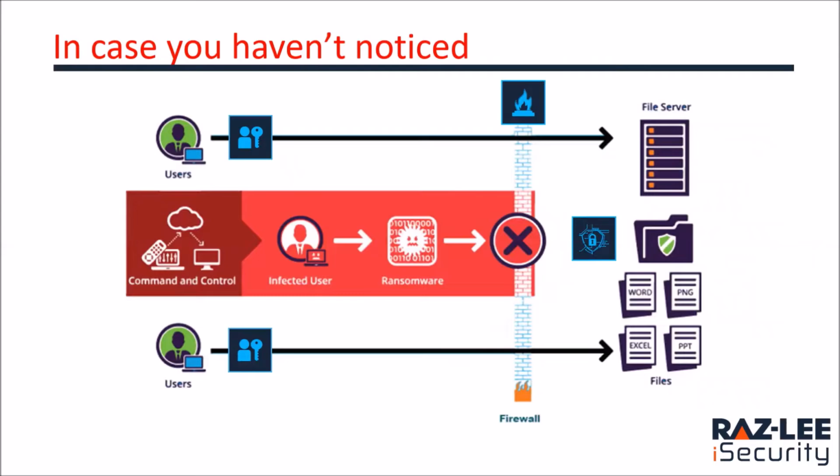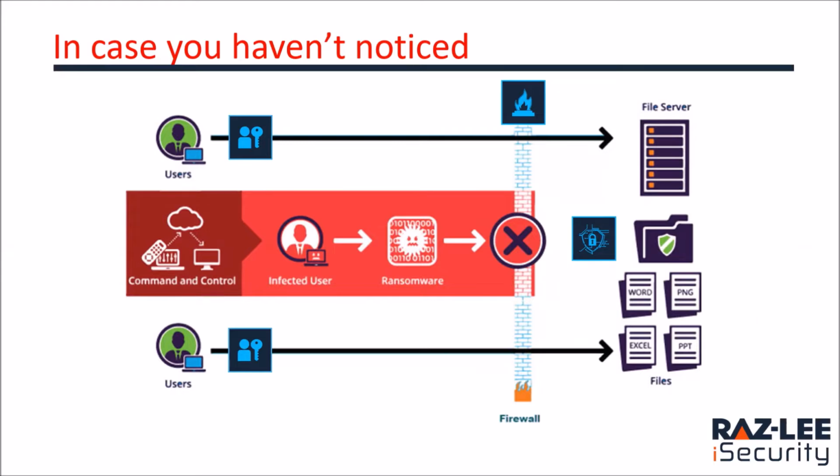And in case you haven't noticed, the additional measures are working on three different levels, because I talked about MFA with the user. To make the exploit, they have to take command and control with a login and have an infected user, as I told before.